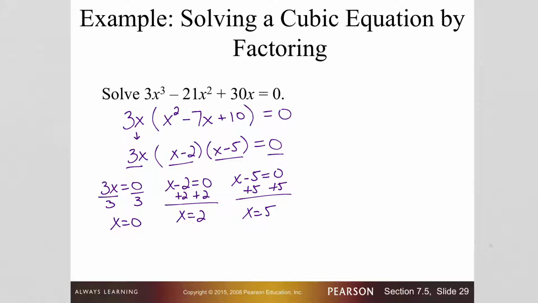Now you can check every one of these. So I'm going to put 0 in where I see x. I get 0 on the left side and 0 on the right. So I know that one for sure works. Now I'm going to try 2.